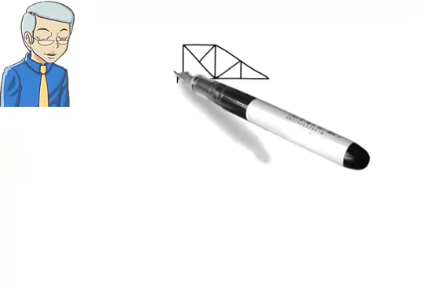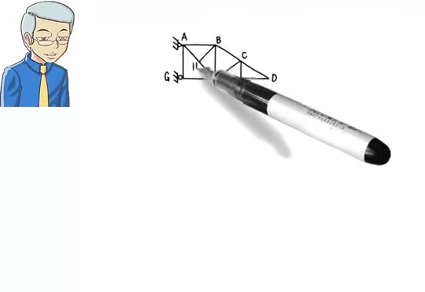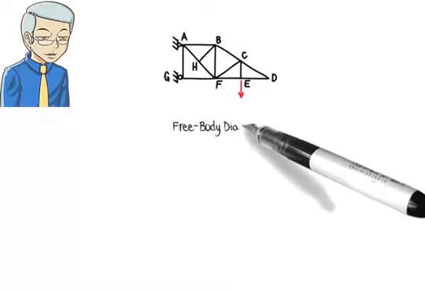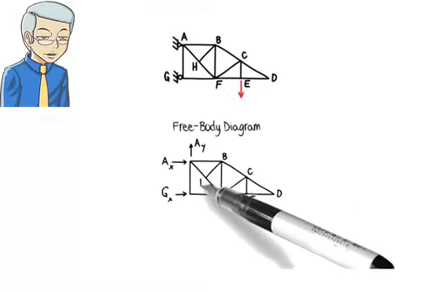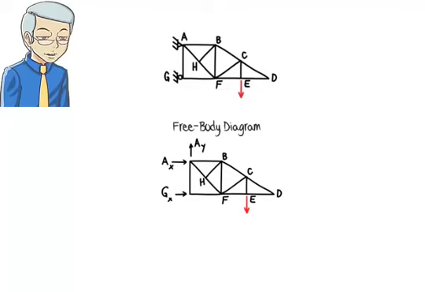Let's look at a few examples. Here, Rule 1 applies to joint D. Therefore, CD and DE are zero-force members.